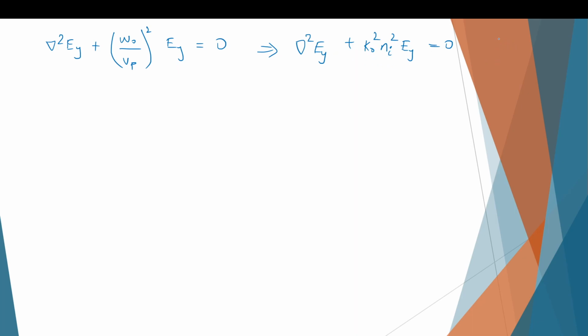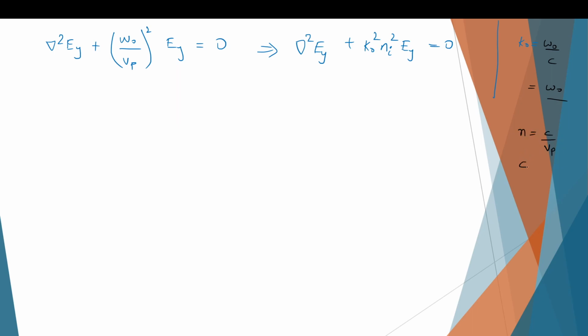Just in case you would have forgotten, I'll write it down. K naught is omega naught by C, and refractive index is C by Vp.